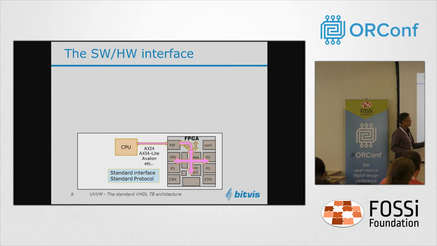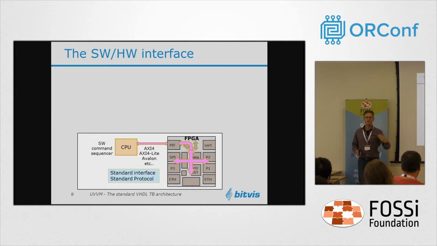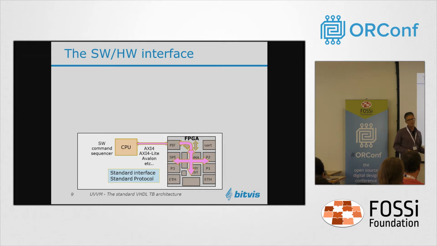And in this system, you typically have standard interfaces and standard protocols like AXI4 or Avalon, for instance, or Wishbone. So everything is standardized. Then inside the CPU, basically what you're doing is having a command sequencer written in software, issuing commands all the time to your hardware and FPGA.